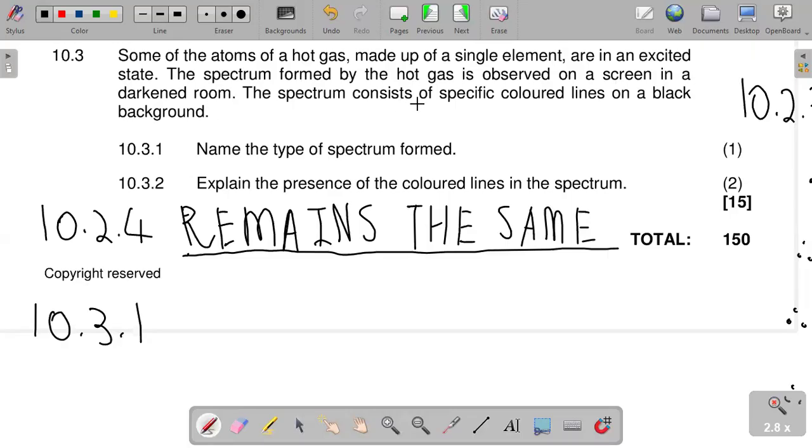The spectrum consists of specific colored lines on a black background. Name the type of spectrum formed. Emission spectrum.